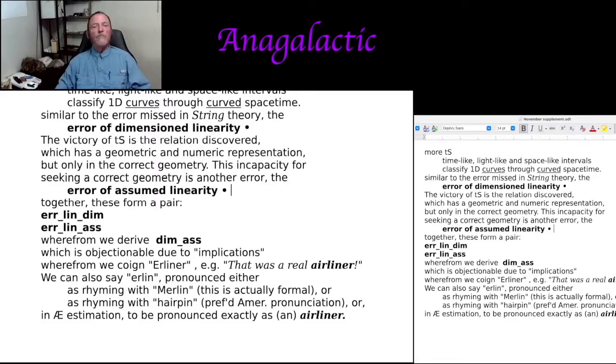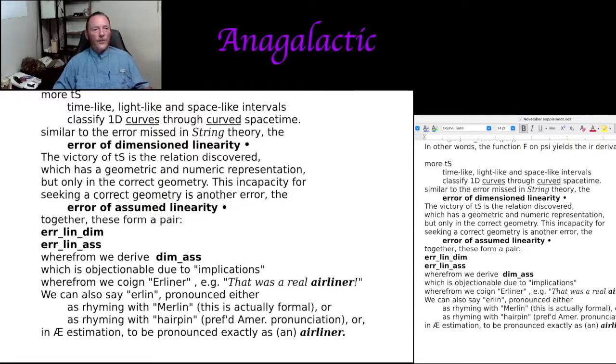So James Maxwell used 4D to compose electrodynamics. That works for electrical engineering, and that's all it works for, because then you can use calculus. These two errors of mistaking the linearity of the system for something that they can fix lead to the Erlin-Dim and Erlin-Ass.